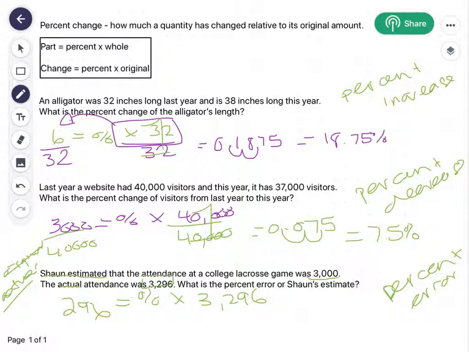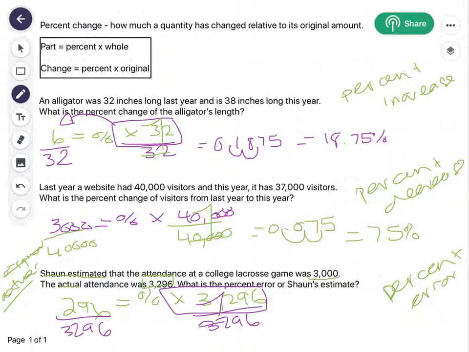But then we would still solve it the same way. We're still trying to find our percent. So we're going to have 296 and we're going to divide it by 3296 because that is the inverse operation of multiplying by 3296. This becomes 1, which is why it goes away.